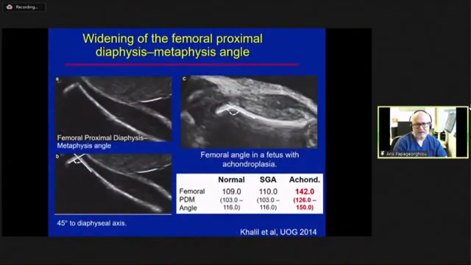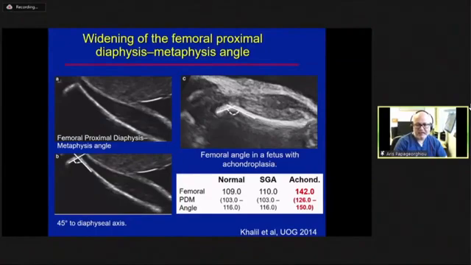If you want one very useful marker, it is one that was described from our unit here, which is looking at the proximal, so the hip end, angle between the diaphysis and the metaphysis. In panel A there, you can see the bone; just angle your transducer so you have those two, diaphysis and metaphysis, seen clearly. And then what you can do is measure the angle between them. All ultrasound machines have a simple angle measurement tool.